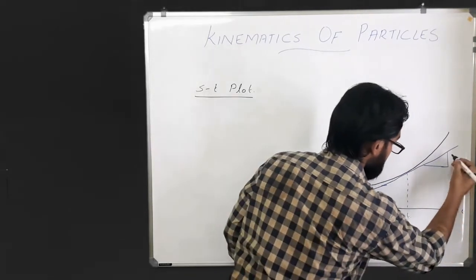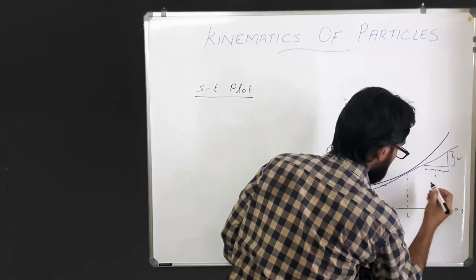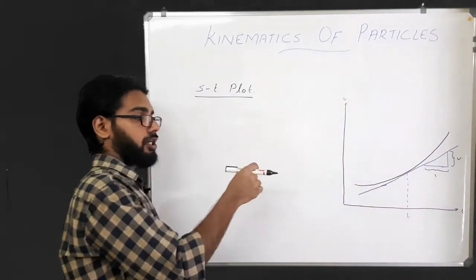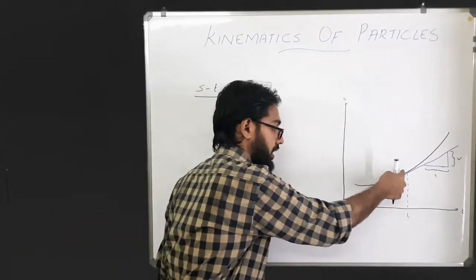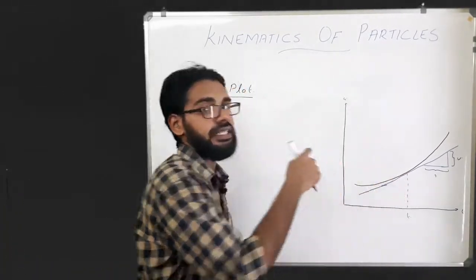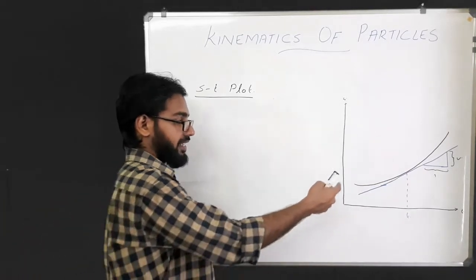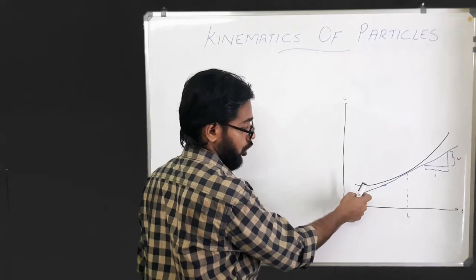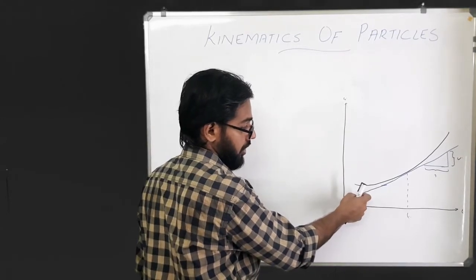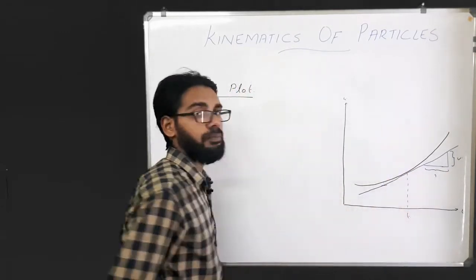Now this corresponding slope of the s-t curve at a time t will give you the velocity of the particle at that instant of time. So remember one thing, the slope of the tangent will give you the velocity at that particular point.